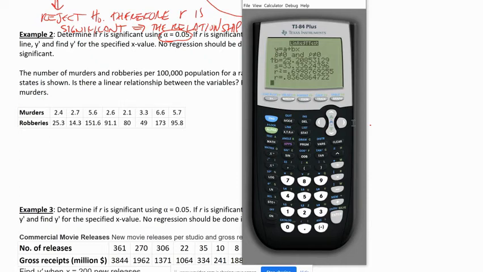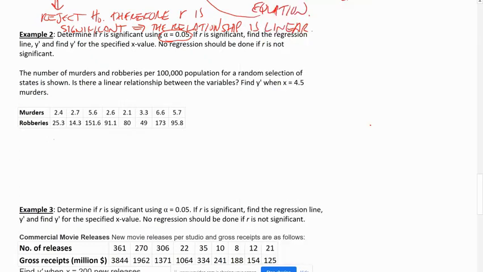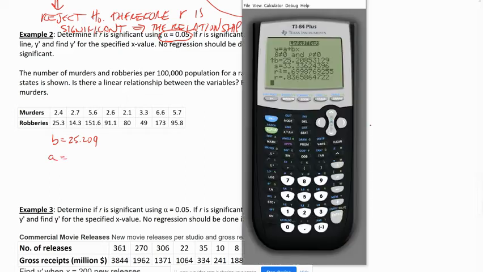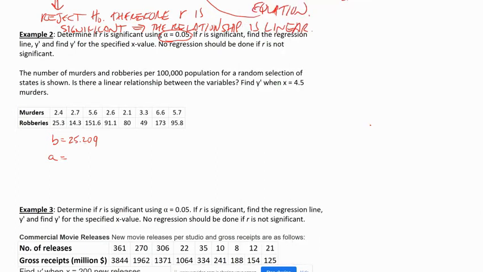So B is 25.209. A is up higher. Let's see. There we go. A is negative 10.465.